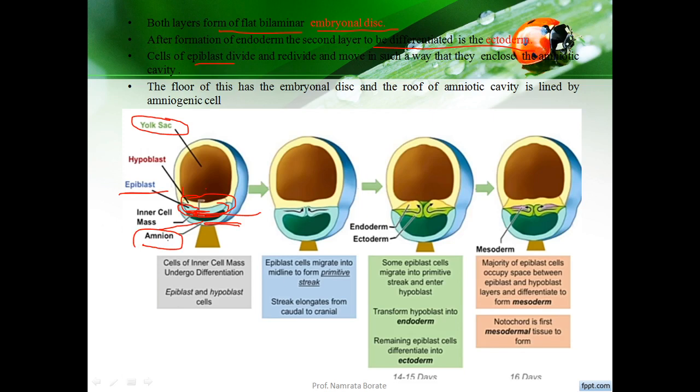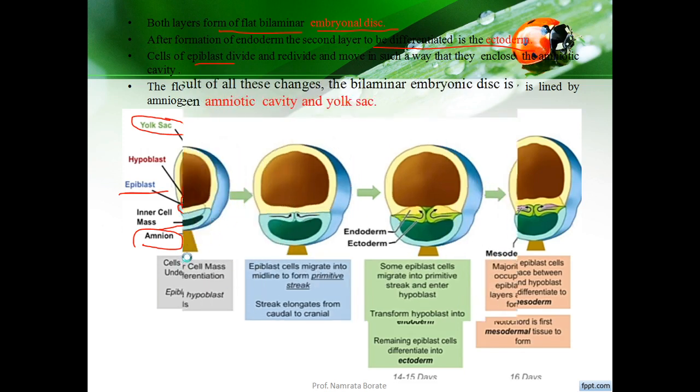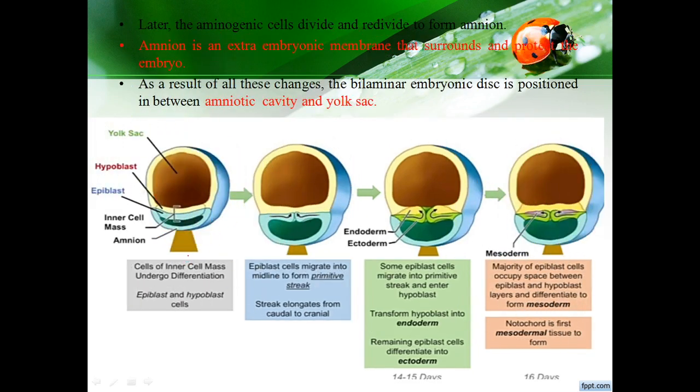This amnion is an extraembryonic membrane that surrounds and protects the embryo. As a result of all these changes, the bilaminar embryonic disc is positioned between the yolk sac and the amnion cavity. Afterward we see the process of gastrulation.